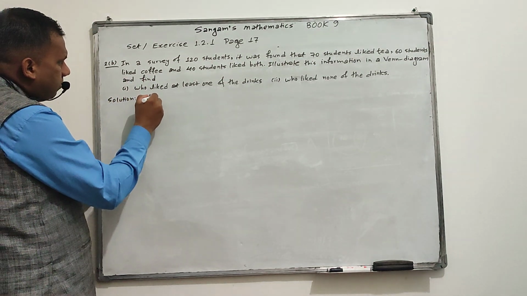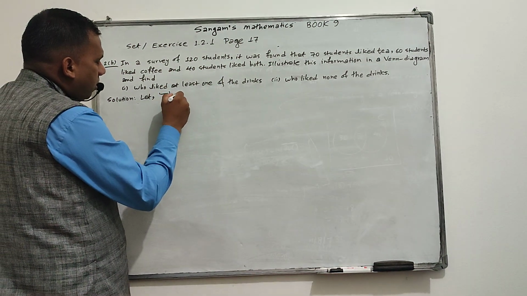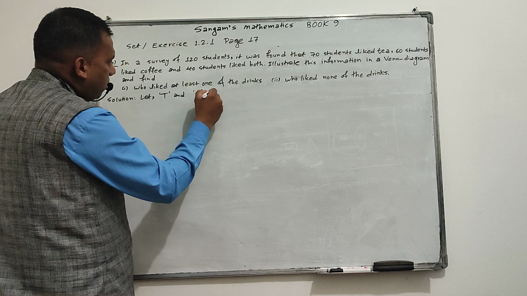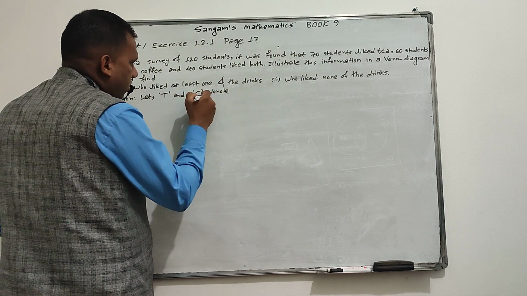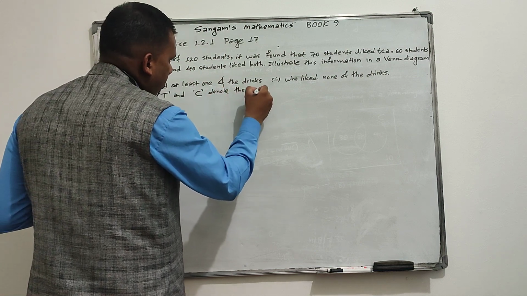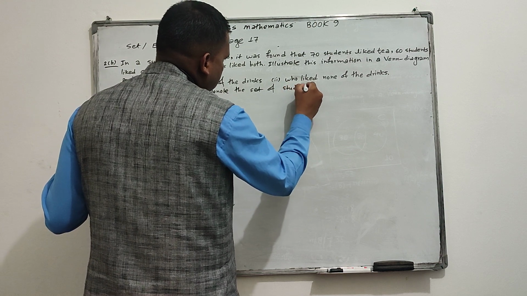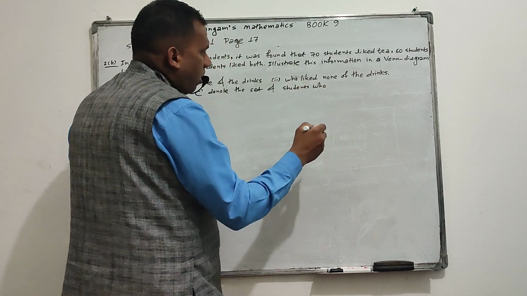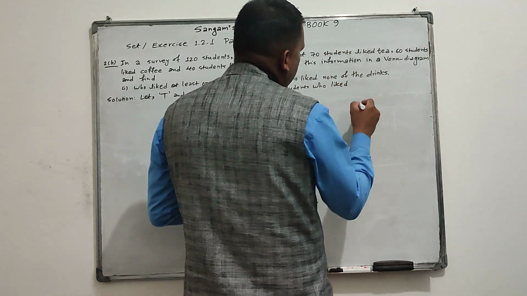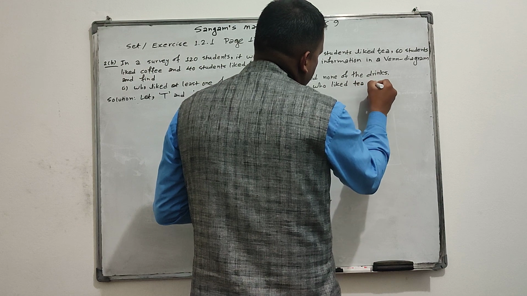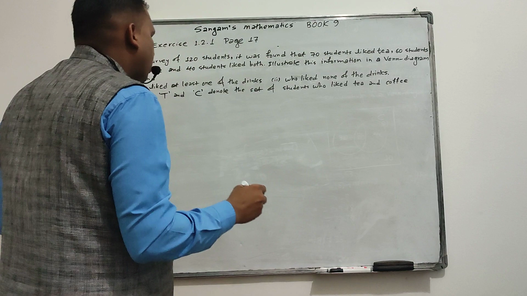Let T and C denote the set of students who like tea and coffee respectively.